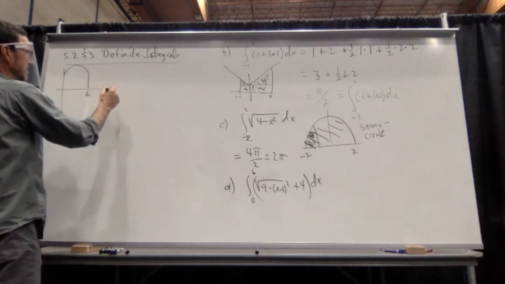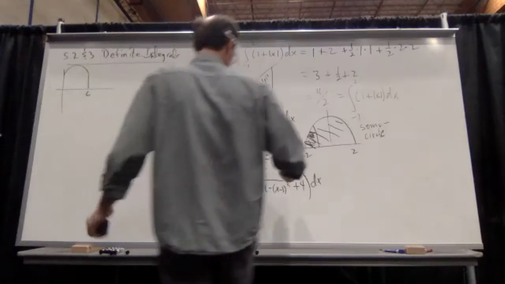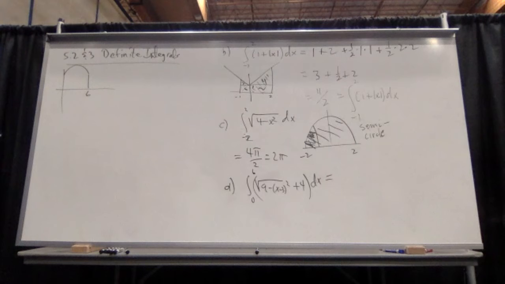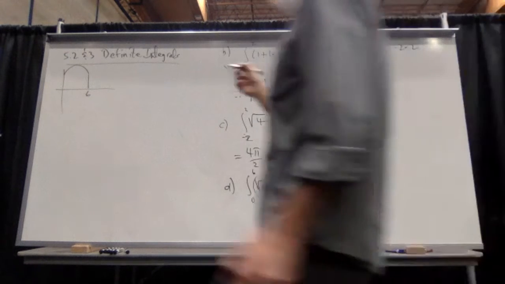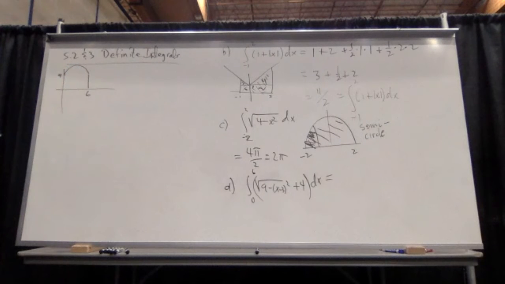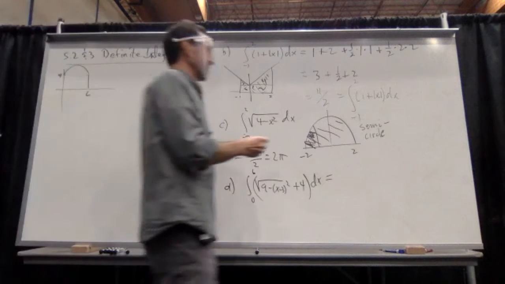6. And so the value of the integral, I have a semicircle and I have a rectangle down below it. How much area is in the rectangle? 24, 6 by 4.